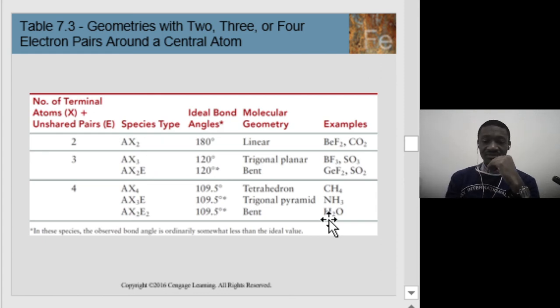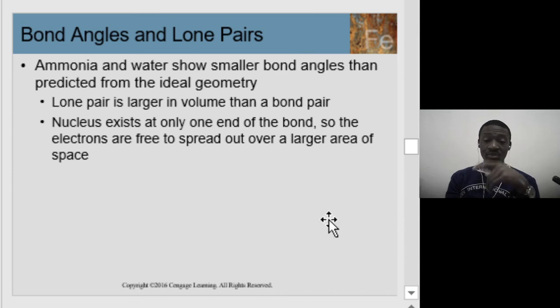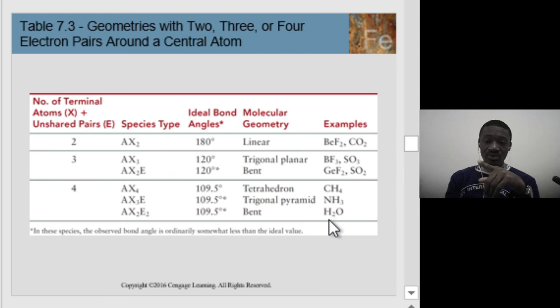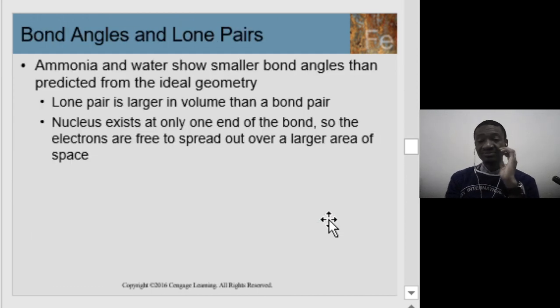So that's nice that we know that the number of unshared pairs of electrons also influences it greatly, because AX2E is bent, AX2E2 is also bent, and it's not in any way a trigonal pyramid.